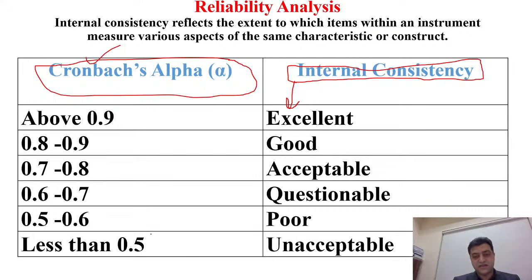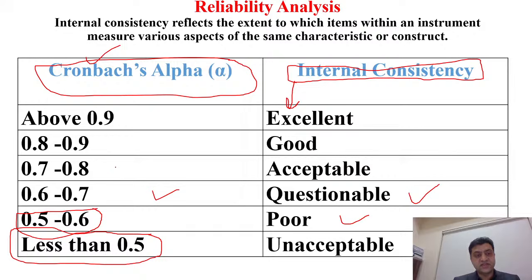But let's look at these values. If your Cronbach's alpha is less than 0.5, this means the items that you're using to measure that variable are unacceptable. If it is between 0.5 and 0.6, it is poor. If it is 0.6 to 0.7, it is questionable.